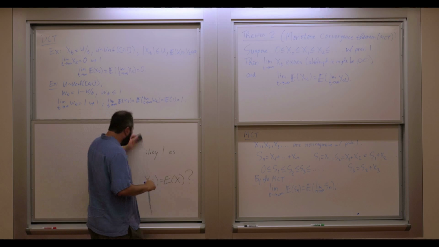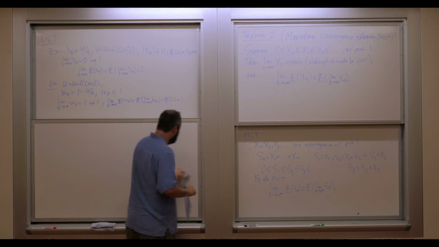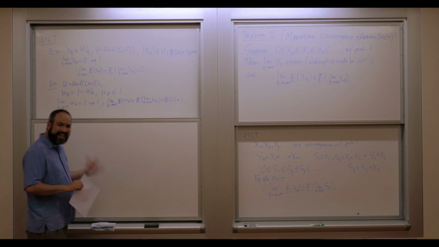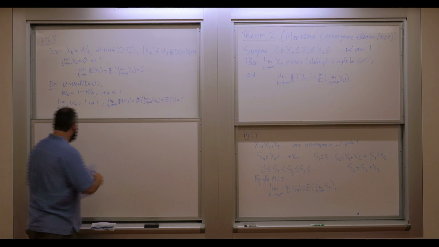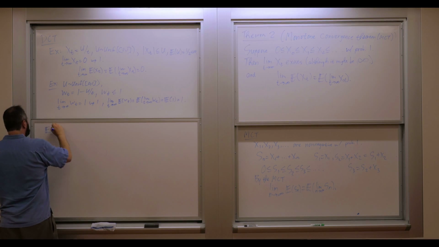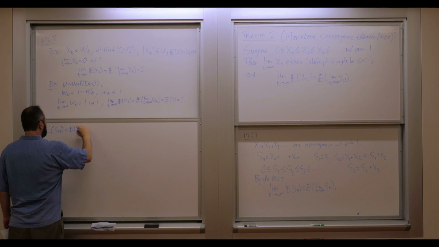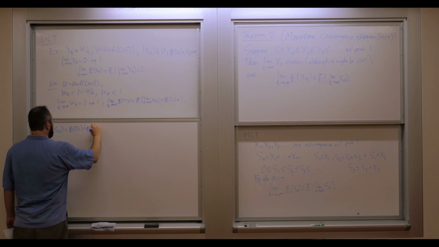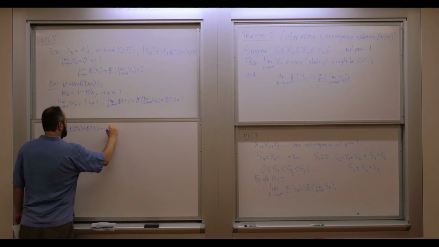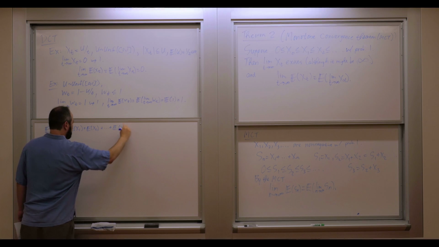Well, S of n is just a finite sum of random variables. So the expected value of S of n is just the expected value of X1 plus the expected value of X2 all the way up to the expected value of Xn.